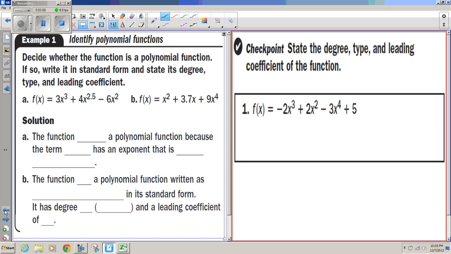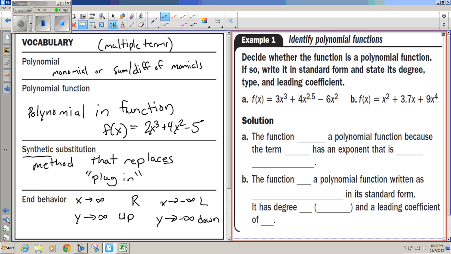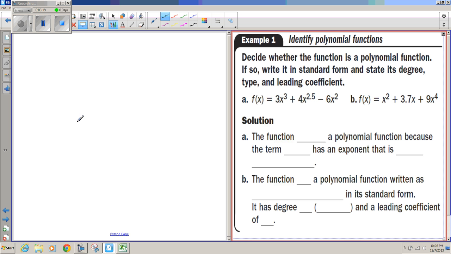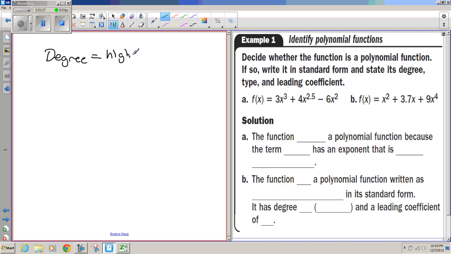So, identifying some pieces. I need to give you a little bit more information. The degree is equal to the highest exponent.